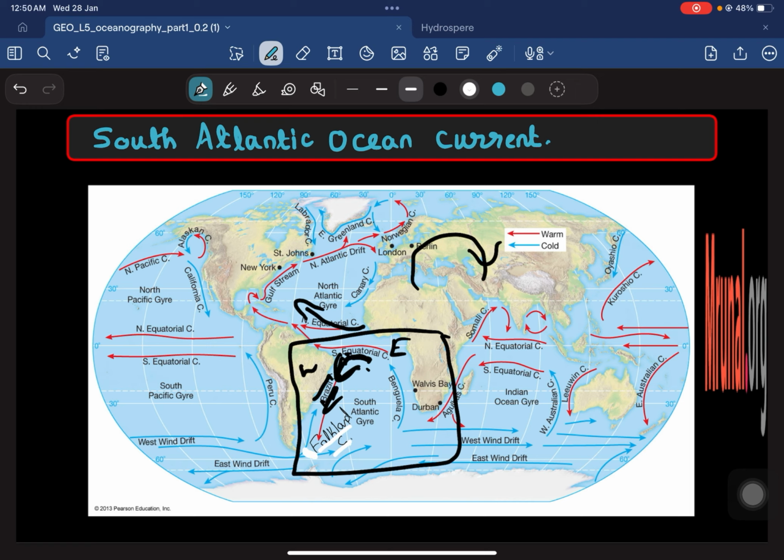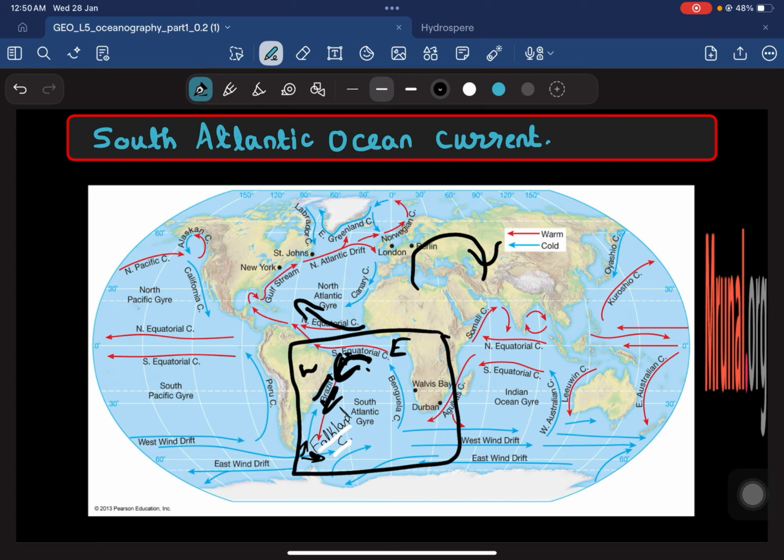Falkland is one island, ruled by whom? England. This Falkland is in the control of England. Because of that Falkland Island, this cold current will deflect like this. One branch will go here, one branch will go here. These two branches are created because of Falkland.